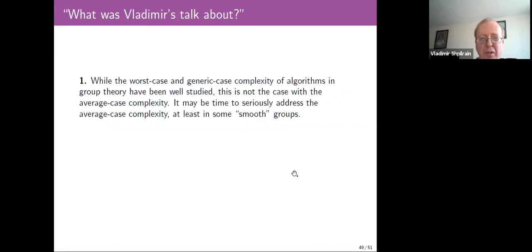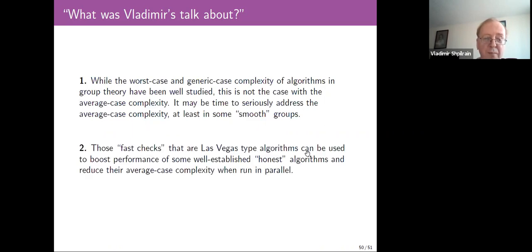So I think I already mentioned this. The worst case and generic case complexity have already been well studied, but this is not the case with the average case complexity. So it may be time to seriously address the average case complexity of algorithms in group theory.